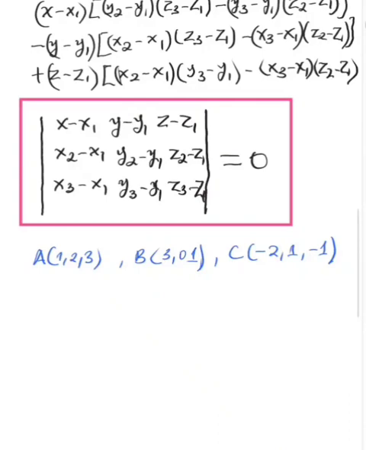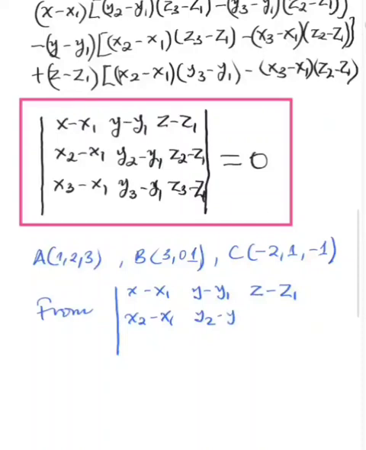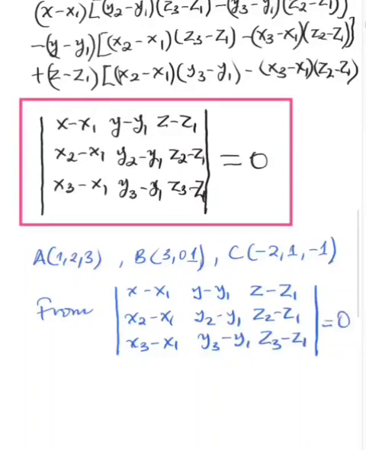So if in the exam you have been given a question under vectors which requires you to find the Cartesian or vector equation of a plane containing 3 non-collinear points as presented here, you just proceed to state your formula: the determinant with rows x minus x1, y minus y1, z minus z1; x2 minus x1, y2 minus y1, z2 minus z1; x3 minus x1, y3 minus y1, z3 minus z1 equals 0.